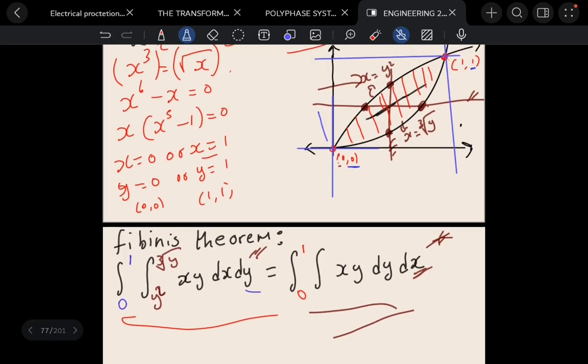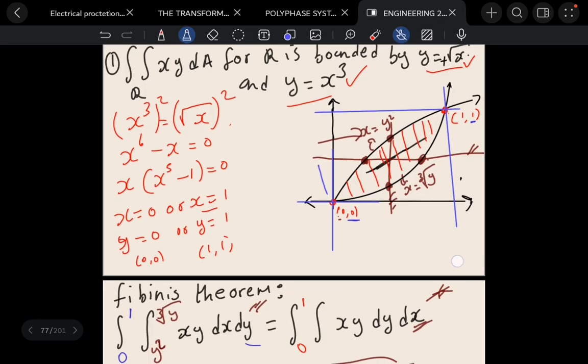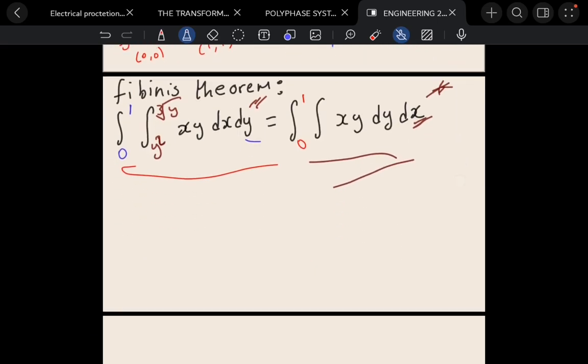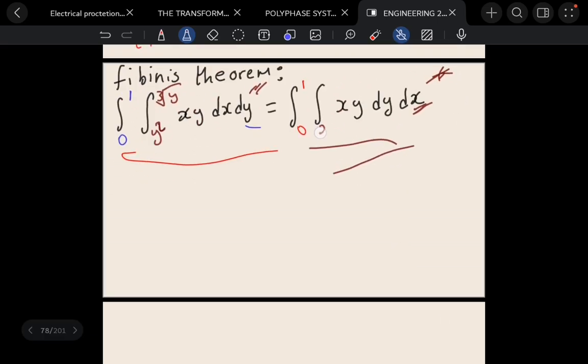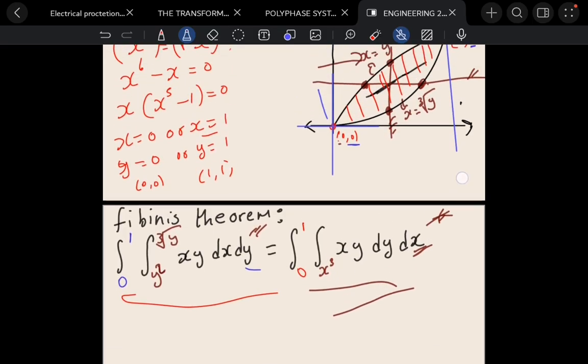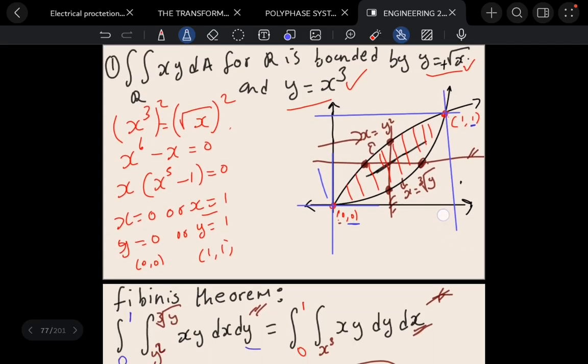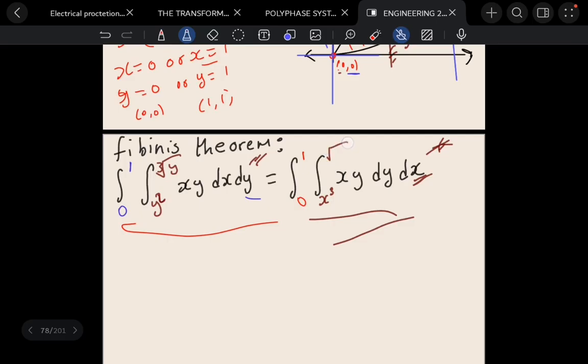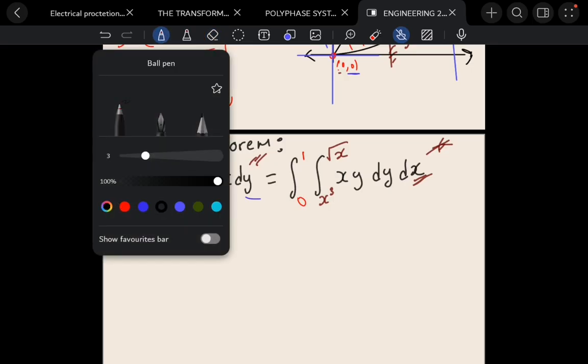So what is your minimum value of y here? It's going to be x cubed, and your maximum value of y is going to be the square root of x, like that, right? So you are going to integrate it for yourself, not me.